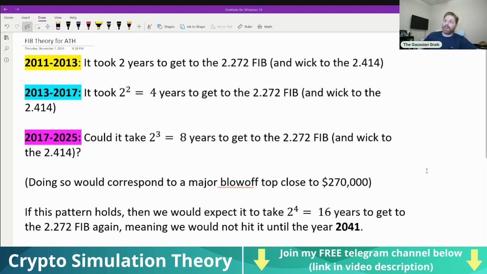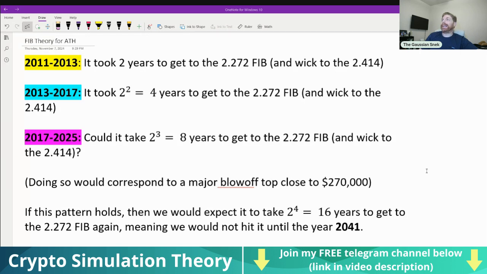And then we think at the end of 2017 to potentially the end of 2025, that would be 8 years. And that would put a wick for a blow off top near $270,000, which would represent roughly around a 3 to 4x from where we're at right now. So this would correspond to a major blow off top close to $270,000.